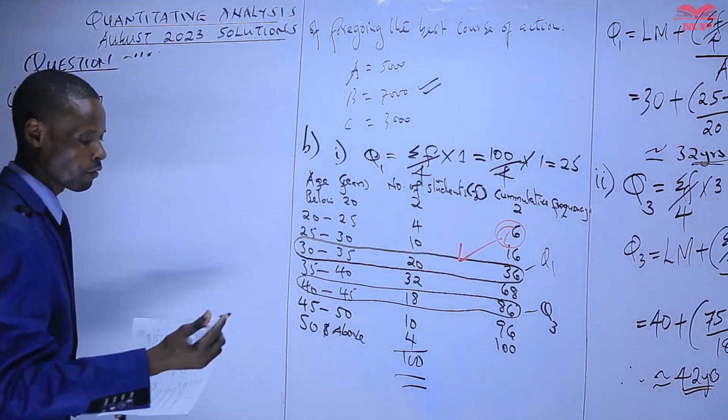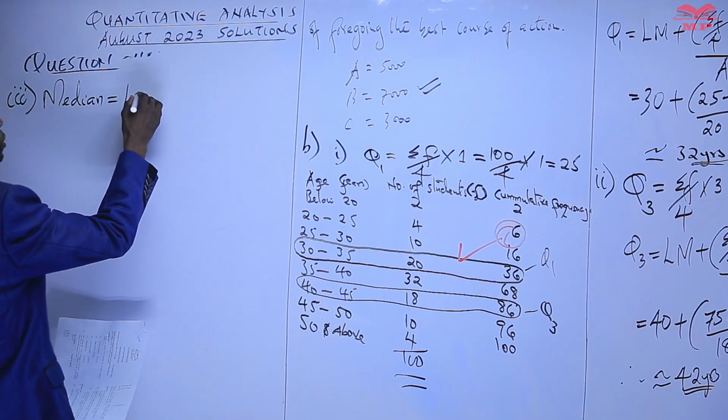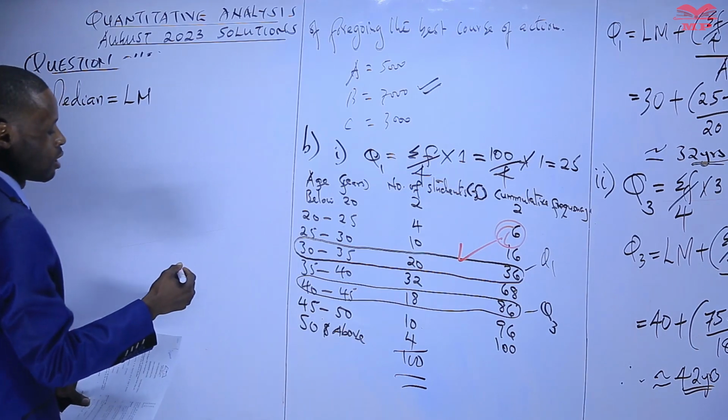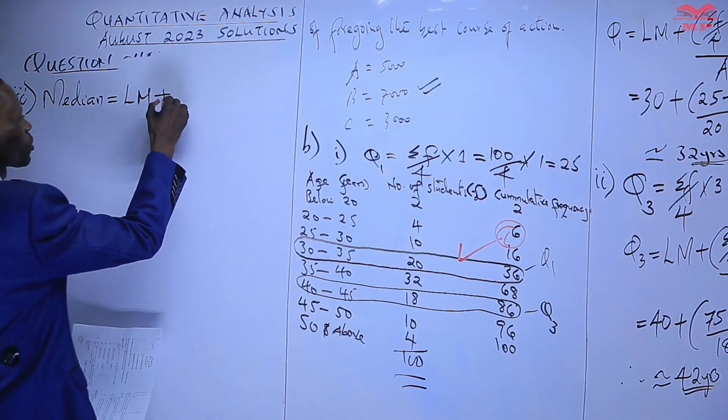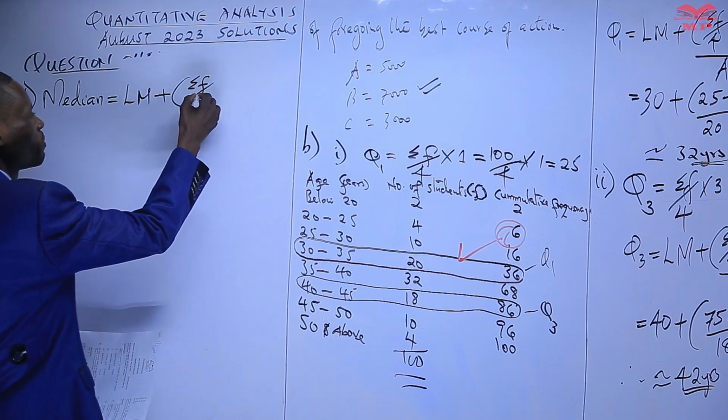We are going to have the formula: the lowest boundary plus, into bracket, summation of f divided by 2.